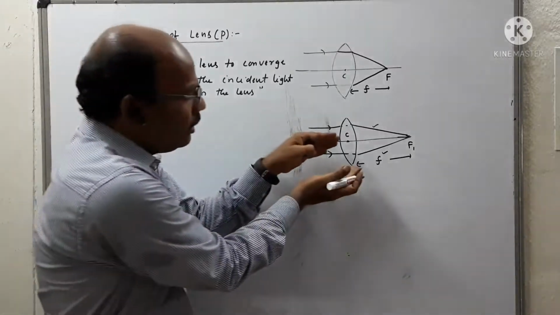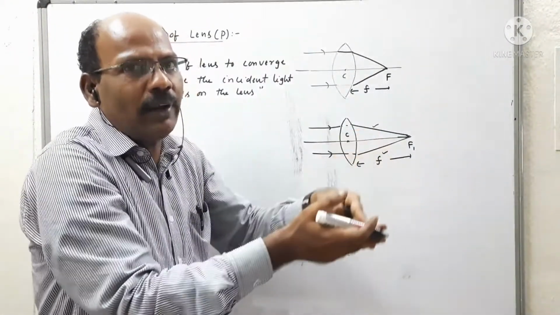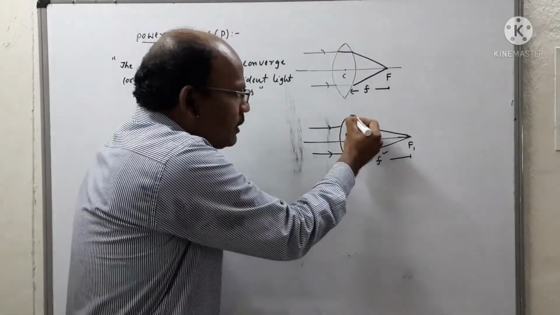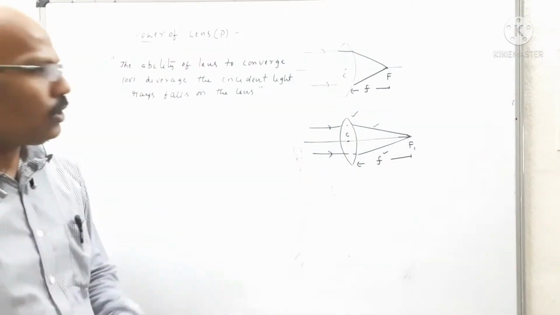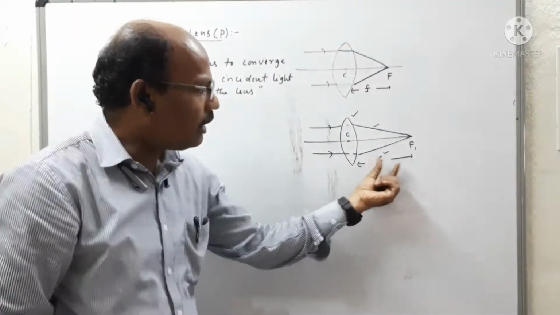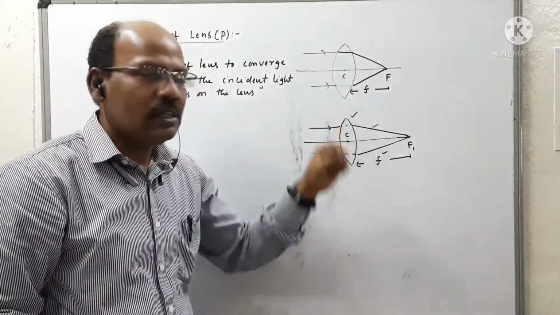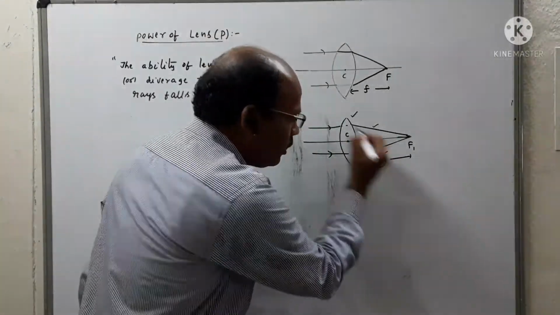How far the lens converges the parallel beam of light rays at one point on the principal axis represents the power of the given lens. So we can observe that if the converging or diverging beam of light rays incident on the lens changes, then its focal length also changes.